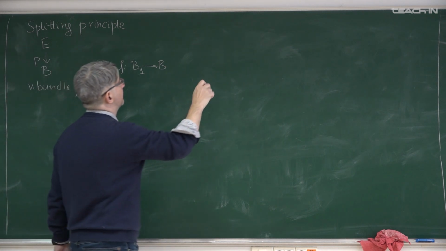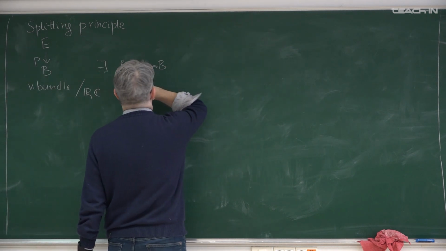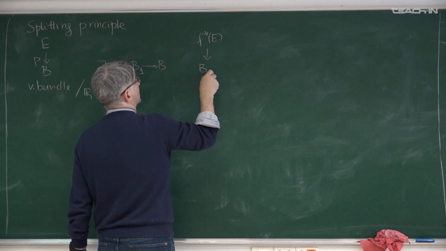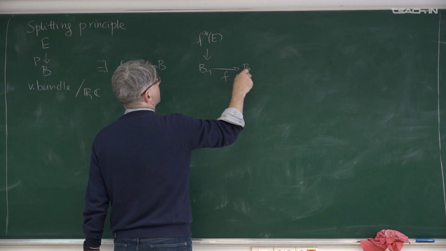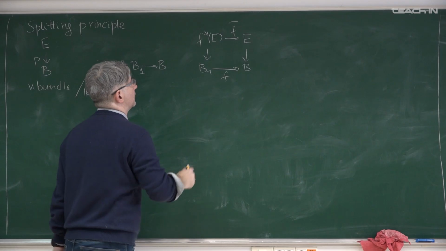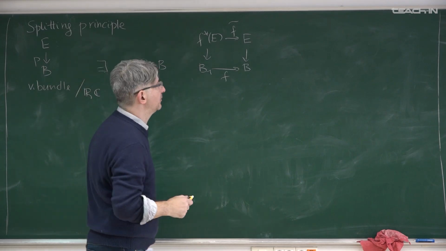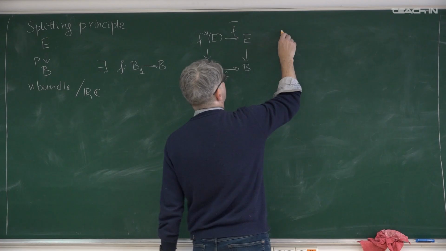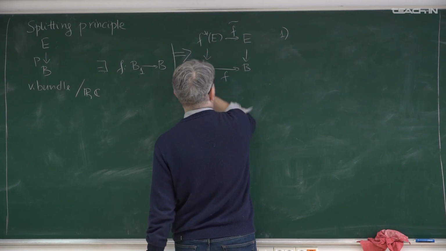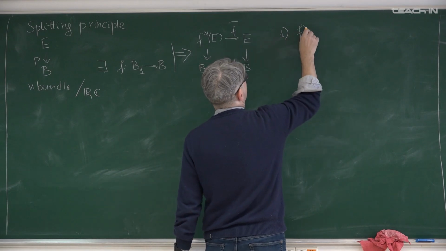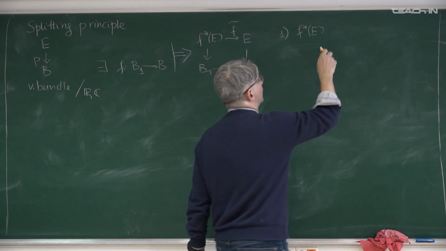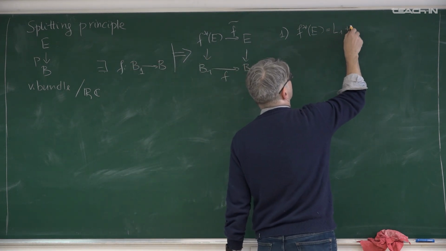Such that if you take a pullback of this vector bundle to B1, this new vector bundle has a very specific property. First of all, the pullback of this vector bundle to B1 is the Whitney sum of line bundles.